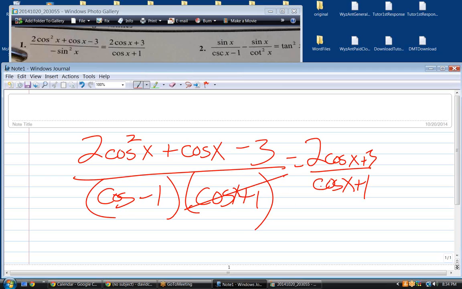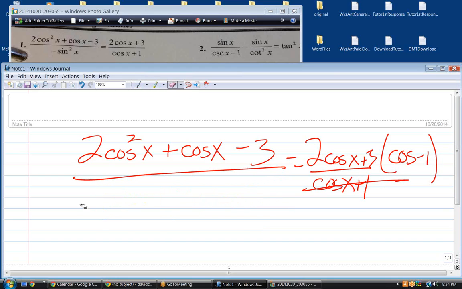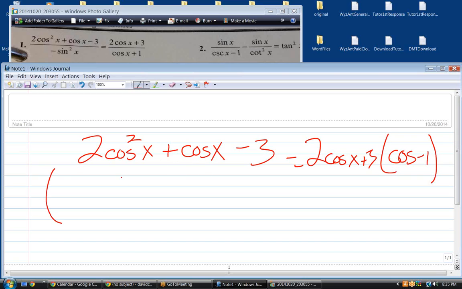Yeah, I can cancel that with that. Now I can multiply the other side by cosine minus 1, so I no longer have any denominators. Let's expand this. We'll have nothing but cosine squareds, cosines, and numbers we can apply the quadratic formula on. In fact, maybe we can just factor this, and we don't have to expand the other. Let's try that. This might factor pretty easily.